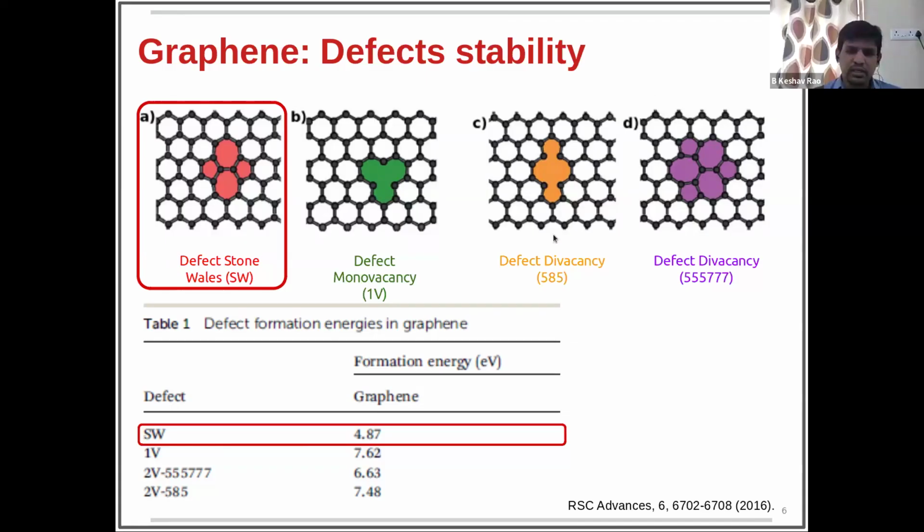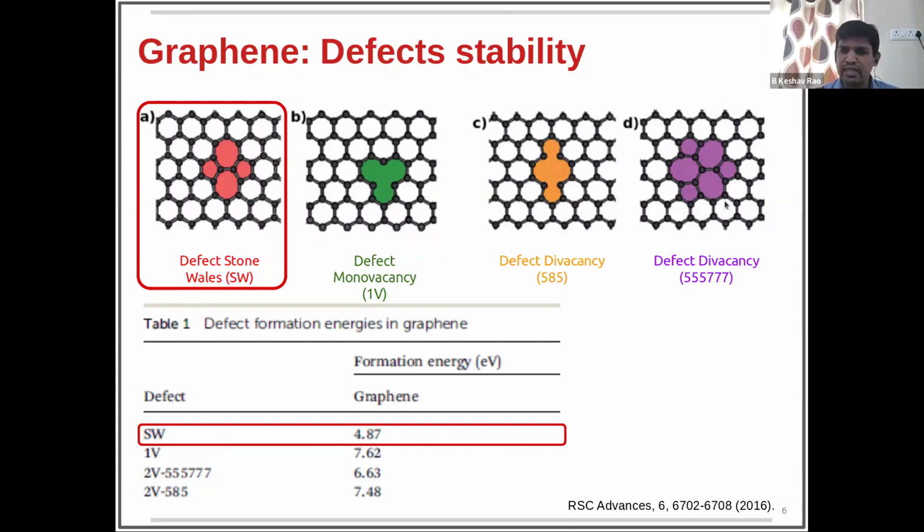So we'll see the different kinds of defects. I'm just shifting to this icon. Then we'll continue. Different defects are observed: Stone-Wall defects, mono vacancy, di-vacancy, and pairs of heptagon and pentagon.